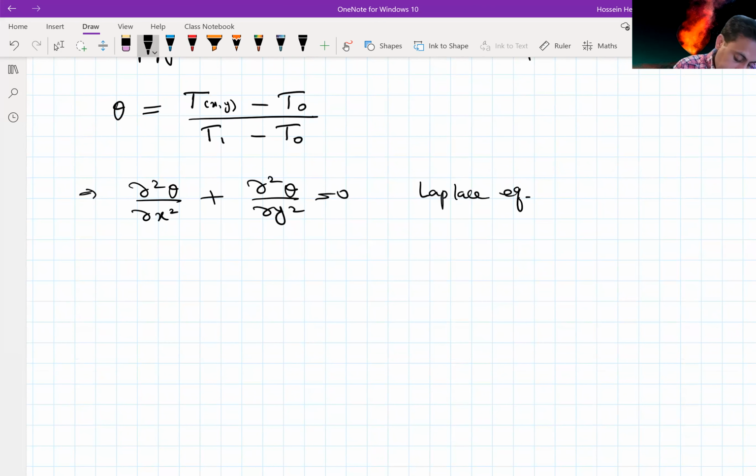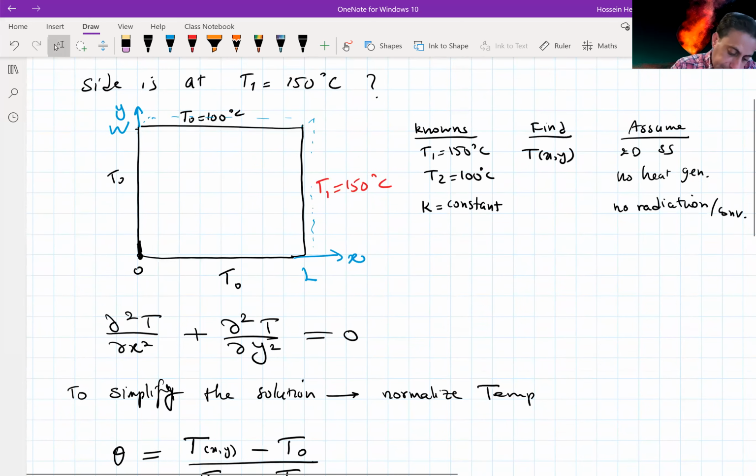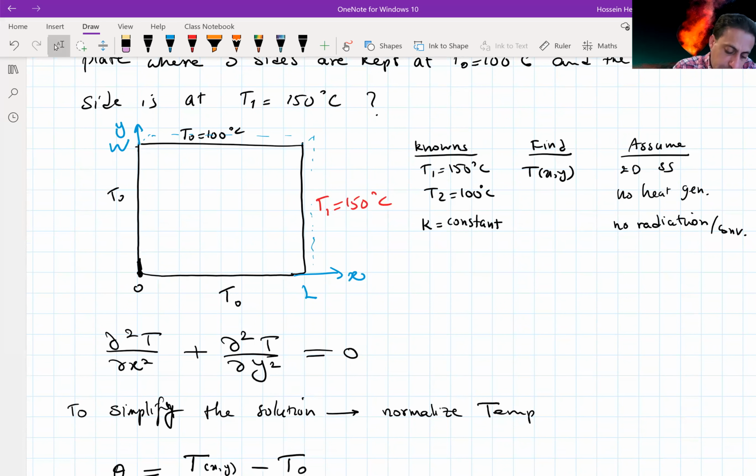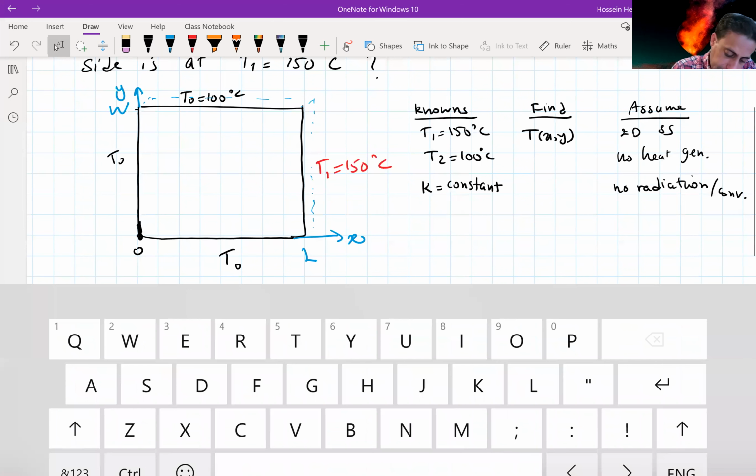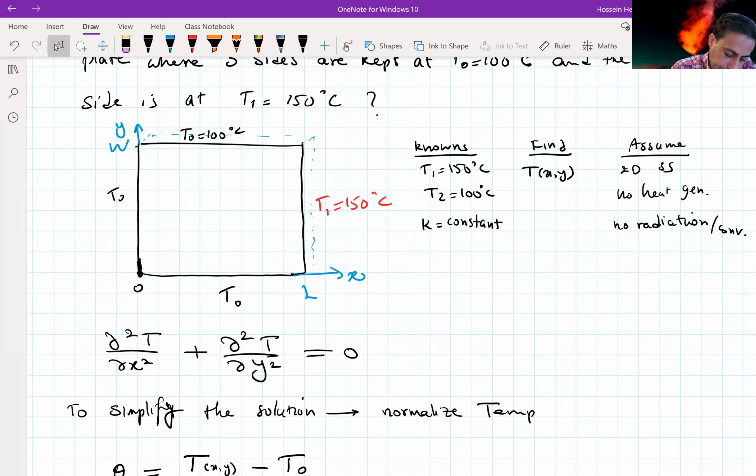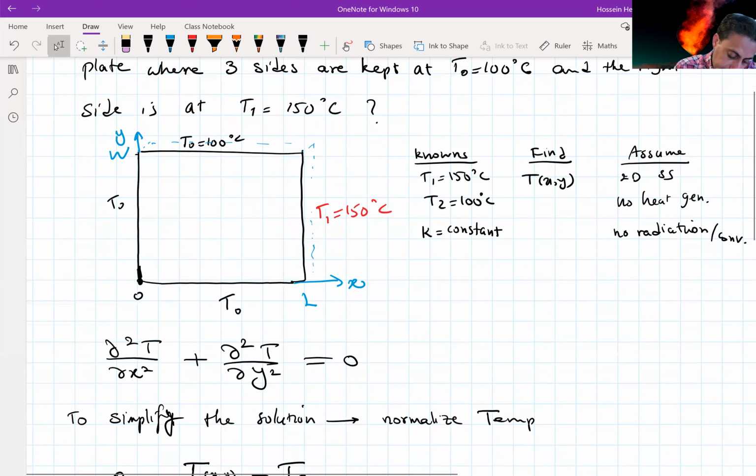And in terms of boundary conditions, we need 4 boundary conditions. The boundary conditions here are known temperatures at different surfaces. So at the plane of x equal to 0, with y changing from 0 to W, the temperature is T0.